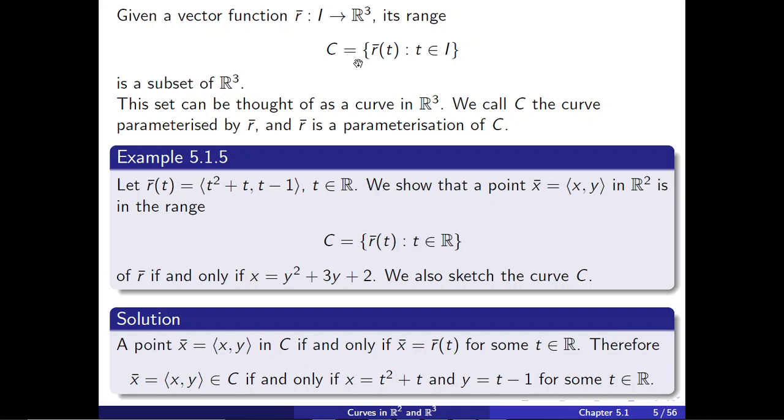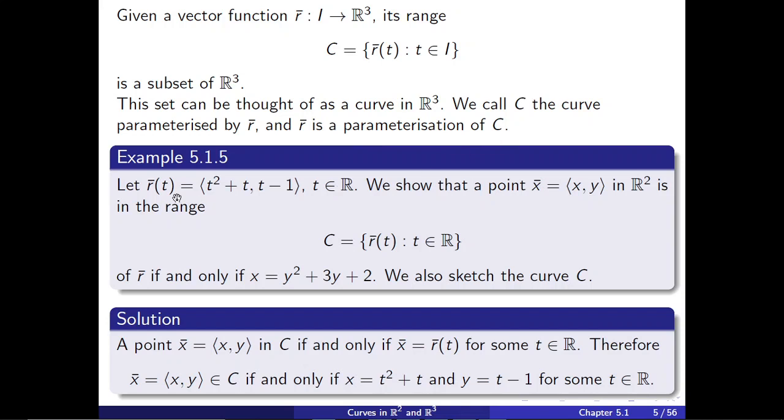If it was a two-dimensional vector function, then its range would have been a subset of R2. And this can be thought of as a curve in R3. So the range can be thought of as a curve in R3, and we call C the curve parameterized by r, and r is a parameterization of C.